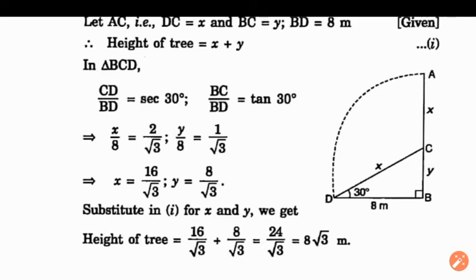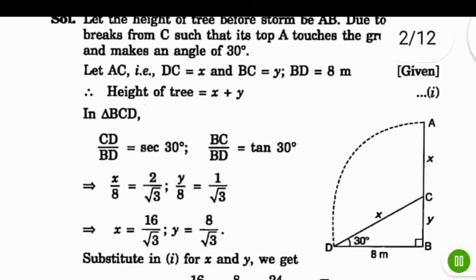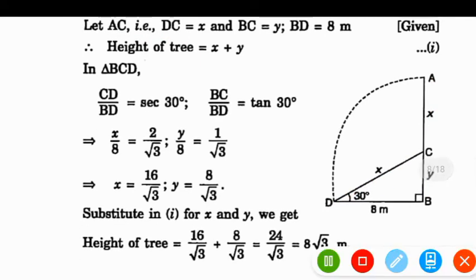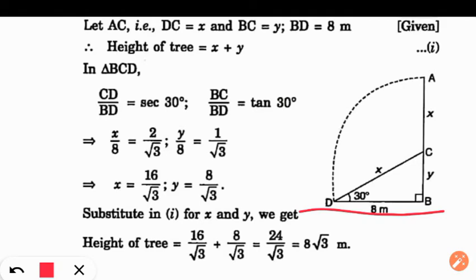So, consider here we have AC, that is DC, as x, BC is y, and BD, what is BD? It is the distance between the top of the tree where it touches the ground and the foot of the tree, that is by question 8 meter.